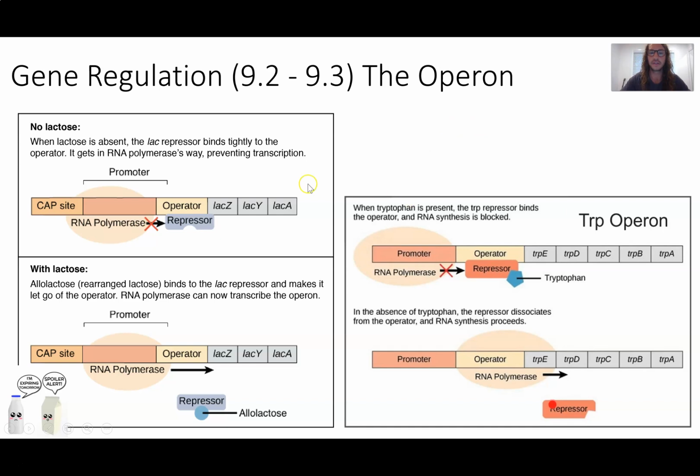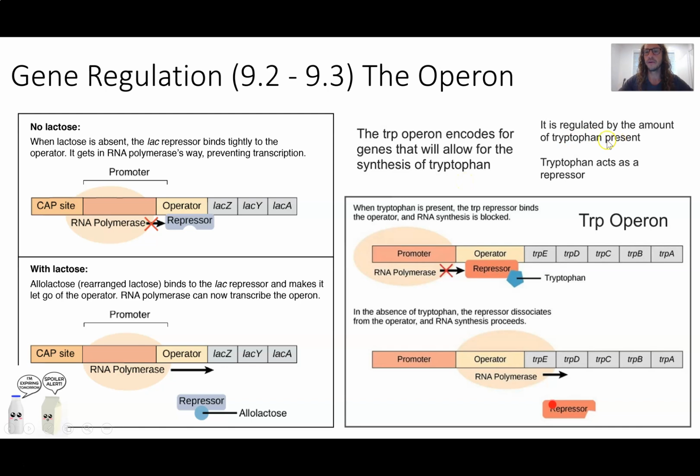And instead of having 3 genes here, there are 5 genes. So the trp operon, instead of the lac operon, encodes for genes that will allow for the synthesis, the production of this substance, tryptophan, and that's really important.